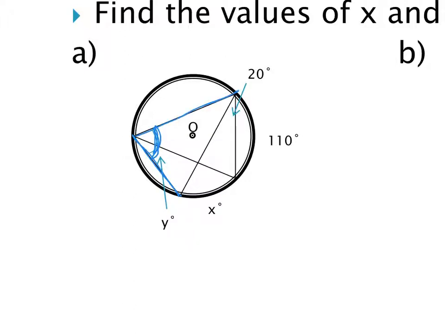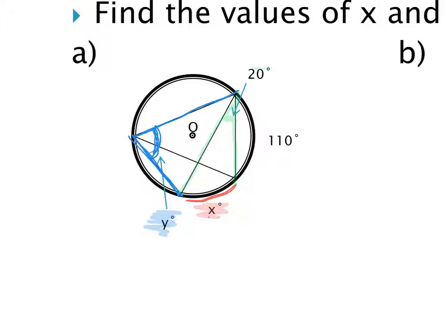So here is y. I've got an arc length here for x. That's what x is going to be. And then I also have this inscribed angle here. That's 20 degrees. So right here is 20 degrees.